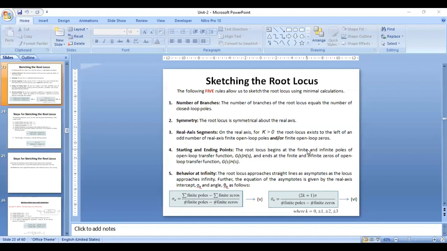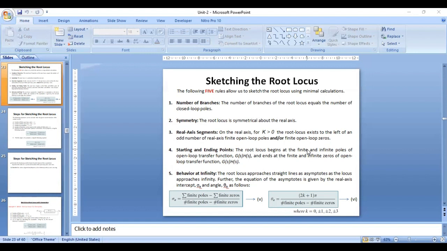The formula for the angle of asymptotes is given as plus or minus 180 degrees times (2q plus 1) divided by (p minus z), where q varies from 0, 1, 2 up to p minus z minus 1. P is the number of poles and z is the number of zeros.